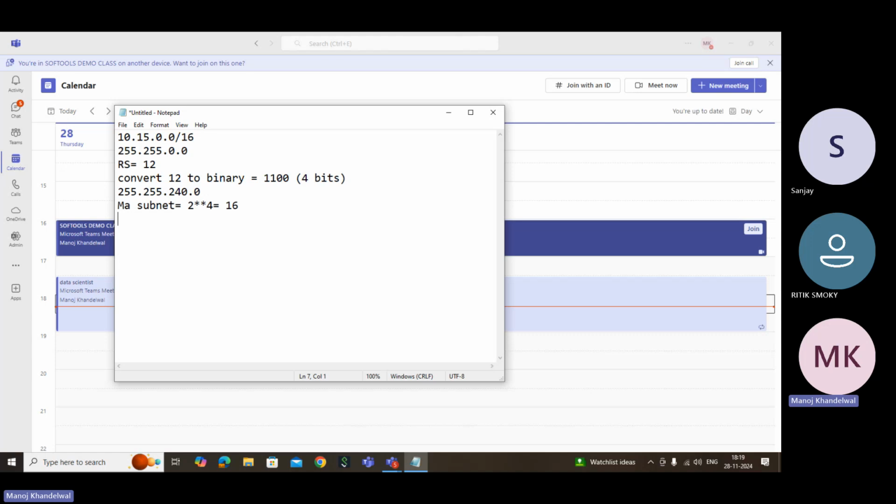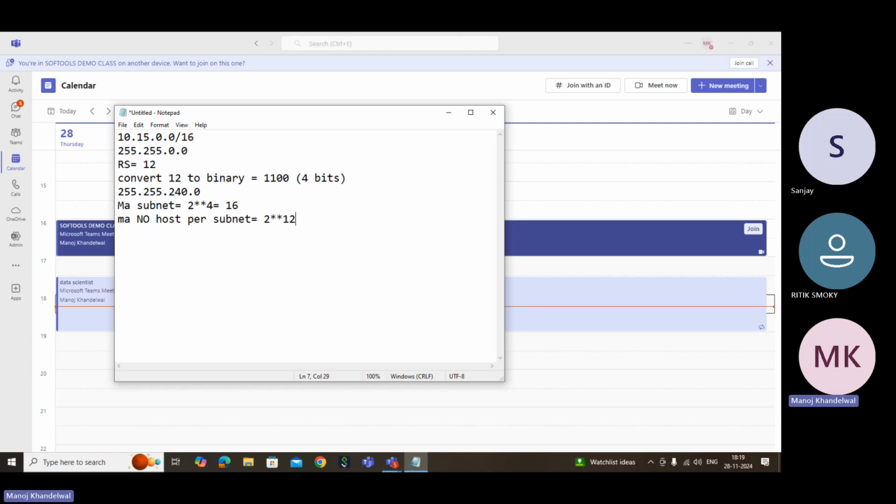That's why we say maximum number of hosts per subnet. It will be 2 to the power of 12.